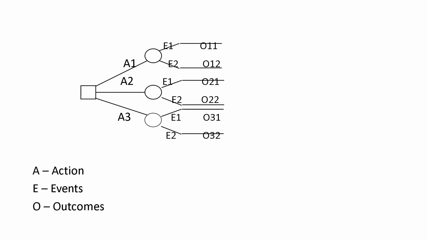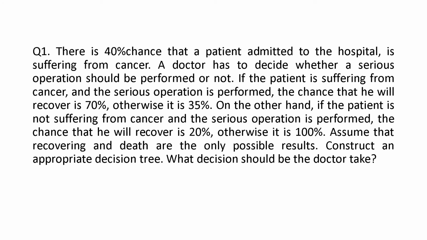This is an example of a decision tree. Here A1, A2, A3 are the actions, E1, E2 are the events and O11, O12 are the outcomes. This is a sample. Now let's see a question and we'll see how the decision tree is drawn.